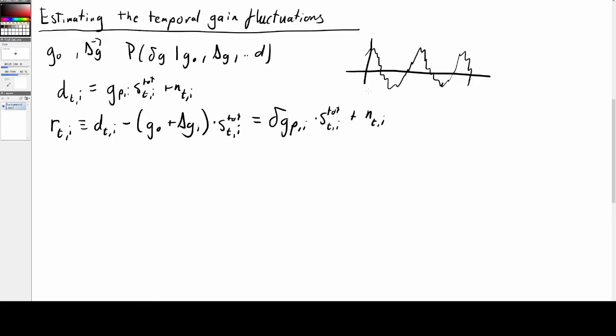And we've encountered this situation before, when we assume just a single scalar gain factor and use that to estimate this. So we know in that situation exactly how to draw a sample.